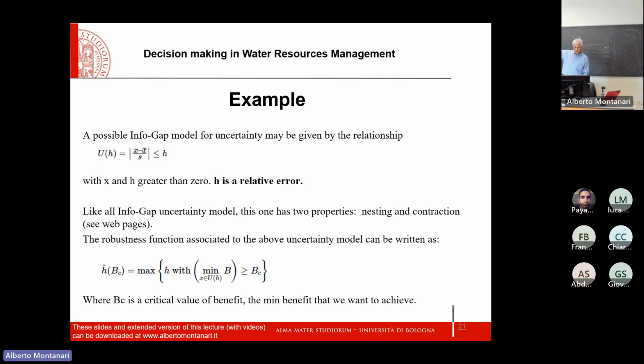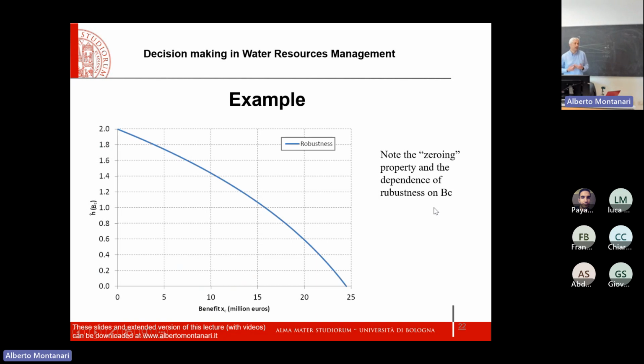H is the true X minus the best estimate of X divided by our estimate of uncertainty S. And then we understand what is the max level of H that we can tolerate, the max uncertainty. And of course, I am happy if I can tolerate a large amount of uncertainty.